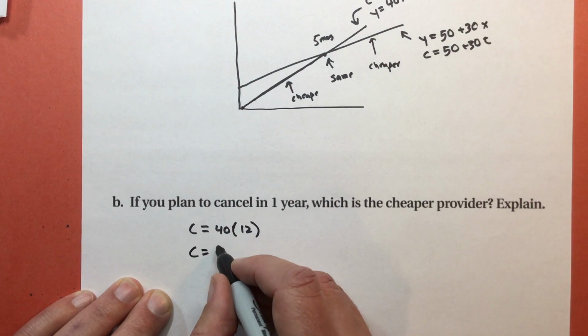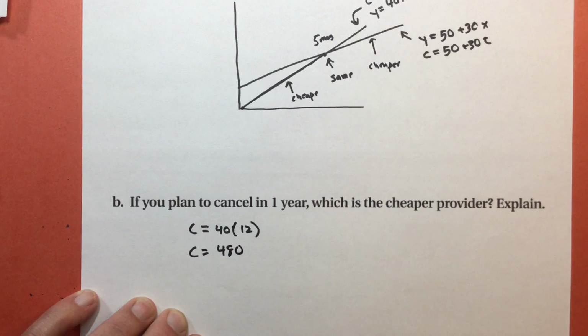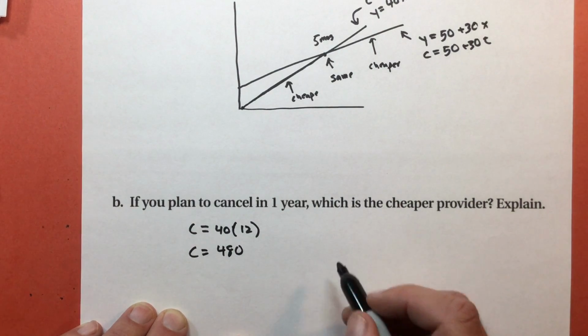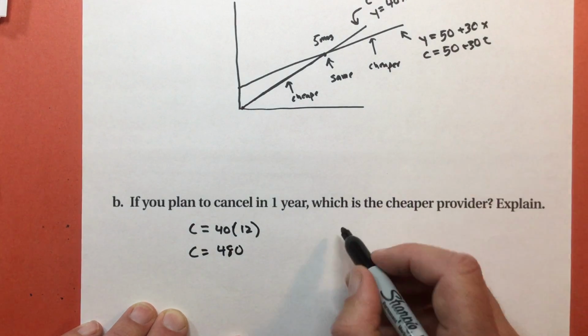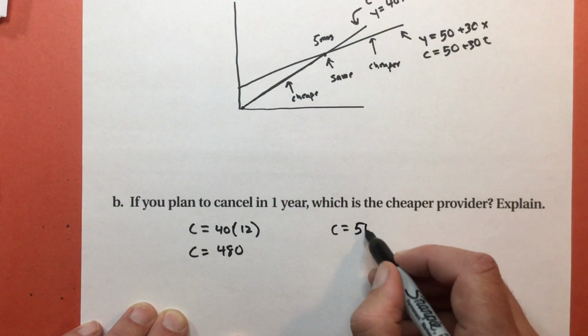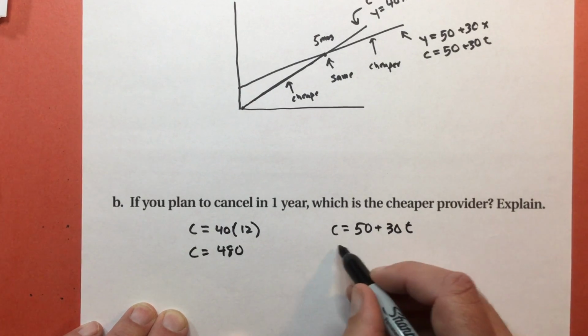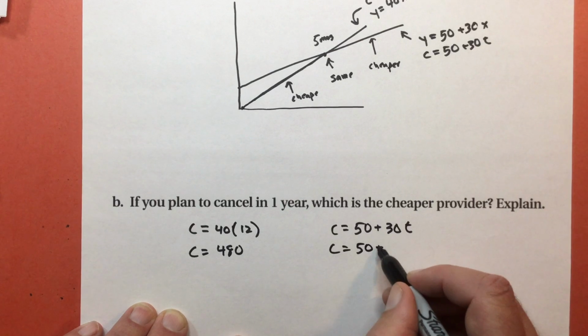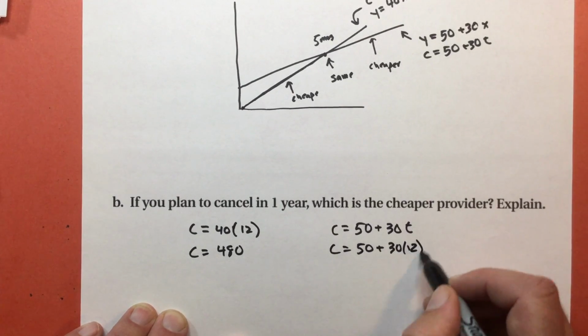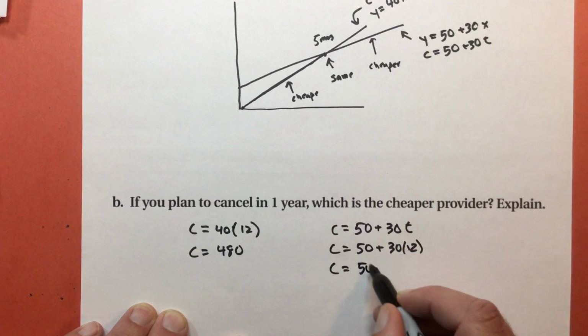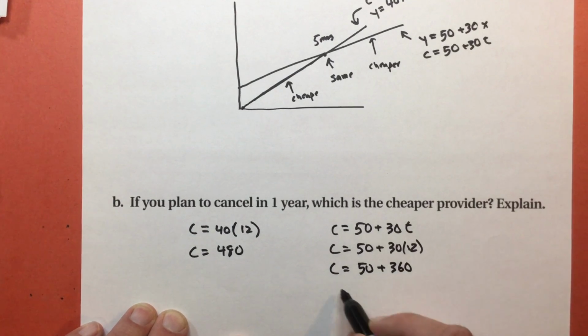That's going to be $480 to have that for the entire year. The other one, which starts out more expensive, this is going to be 50 plus 30 times 12, which is 360.